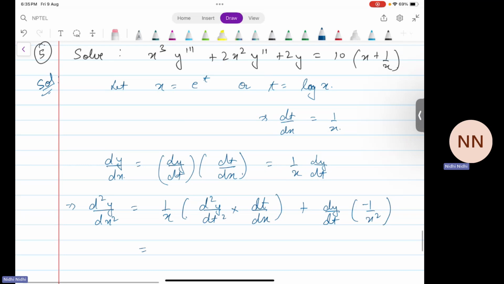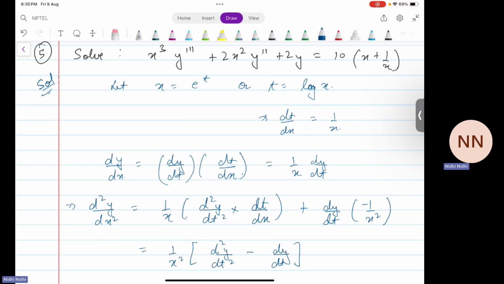This will give us, again since dt by dx was 1 by x, 1 by x square, d2y by dt square minus dy by dt.